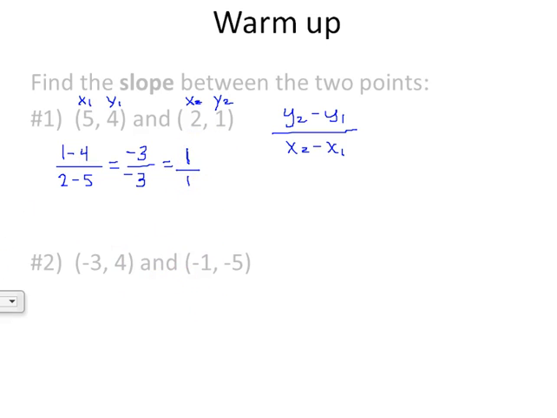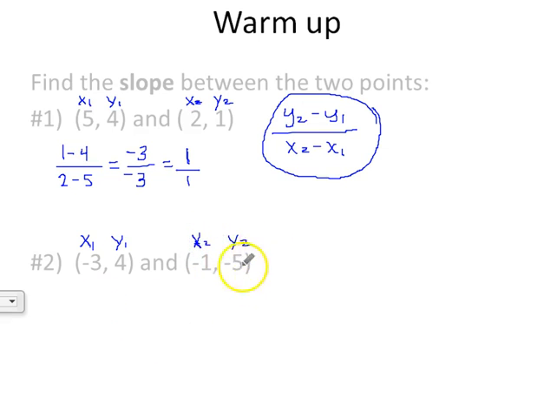All right, let's try number 2. We're going to use the same formula, change in our y coordinates over change in our x. Let's label our coordinates if that helps you: the first x coordinate, the first y coordinate, the second x coordinate, and the second y coordinate.